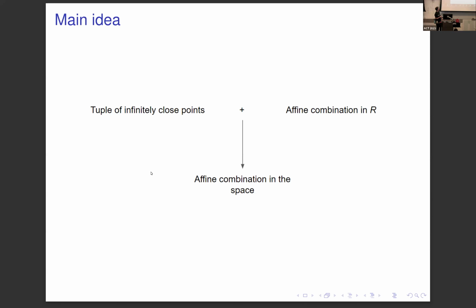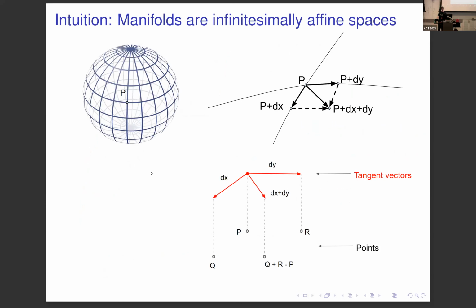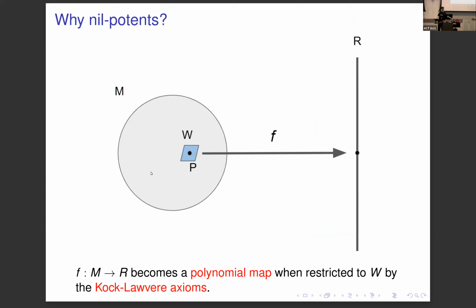This is what we see on the slide. So basically, I have a notion of infinitely close points, I have affine combinations in my R algebra, and I can simply do affine combinations in the space itself, as we've seen here. Let's make that precise.